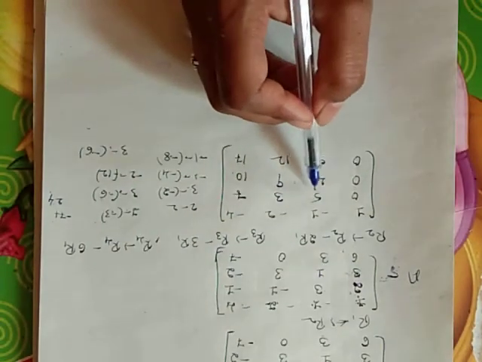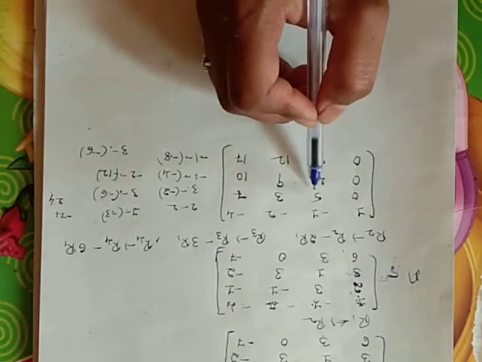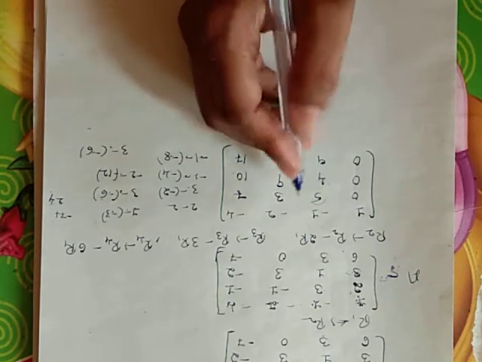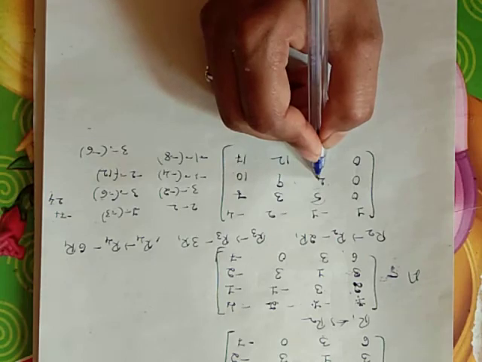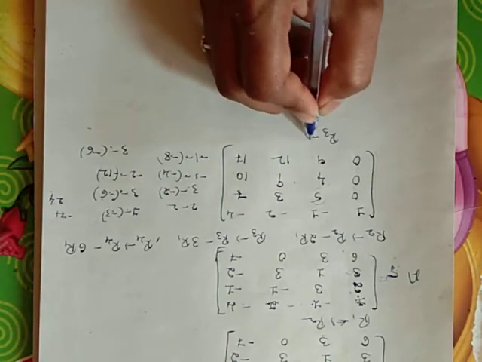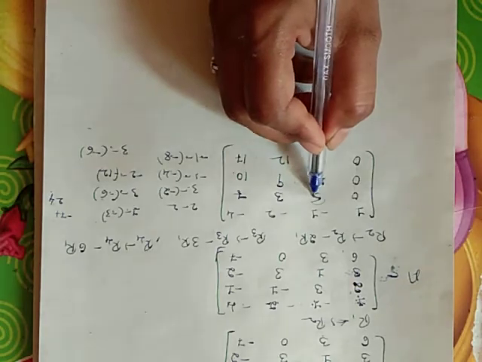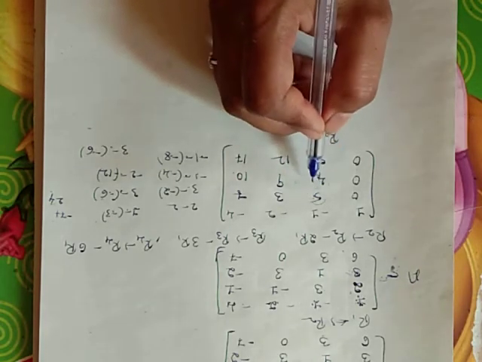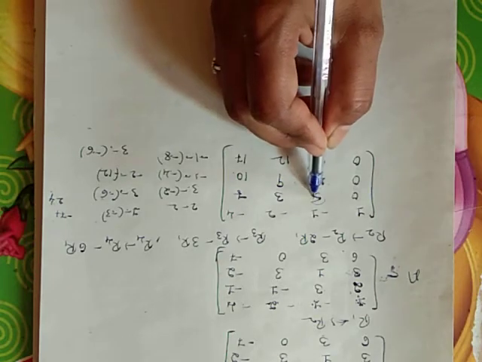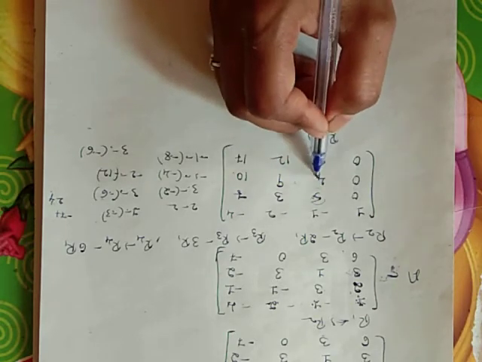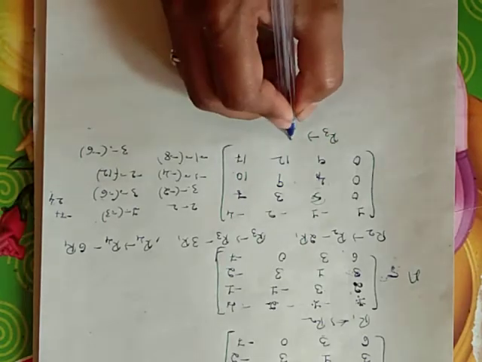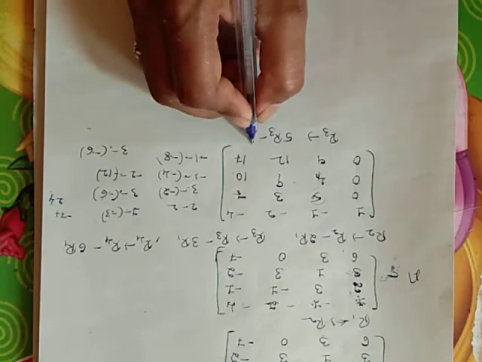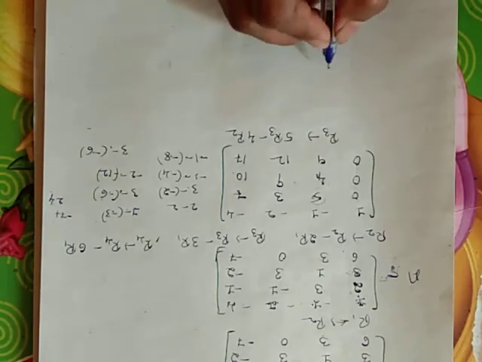So now, by using the second leading entry, make these two 0. To convert this term to 0 in R3, here it is 4, here it is 5, so we cannot make it a 1. So I am taking a cross multiplication: multiplying one by 5 and the other by 4, then both become 20, so the terms will cancel. So R3 tends to 5 into R3 minus 4 into R2.